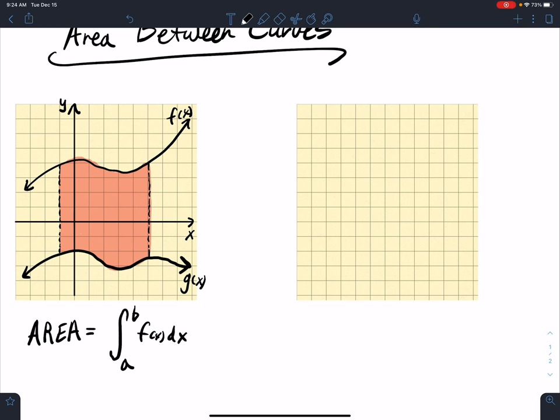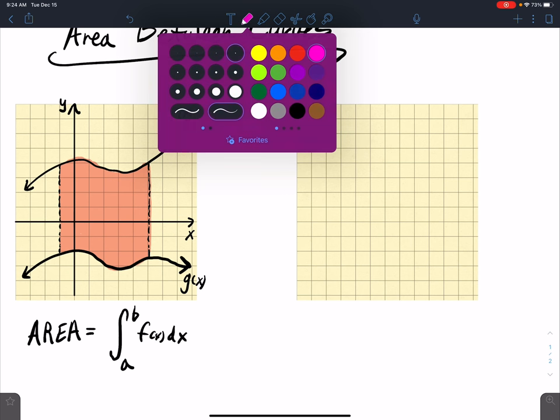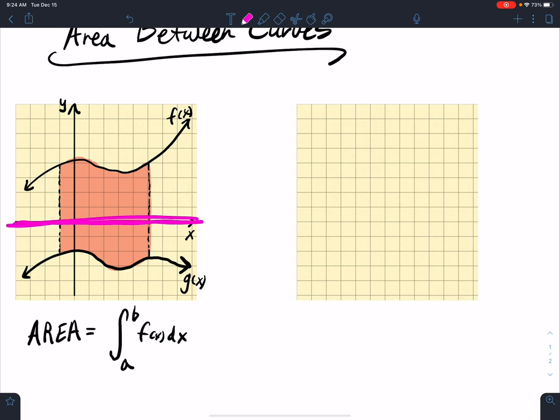Now, if you think about it, if we're above the x-axis, then that means that everything is above some h of x function that's equal to 0, right? So technically that distance between f of x and 0 is the top minus the bottom, right? But here it would be the top, which was f of x, minus the bottom, which was 0. So that's where that height comes into play, okay?